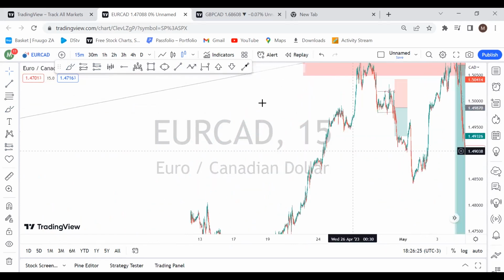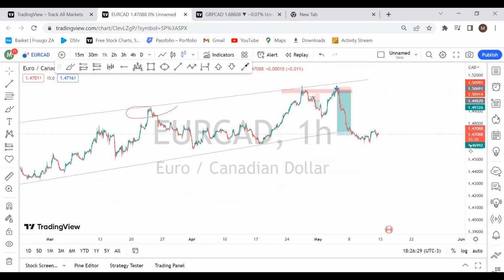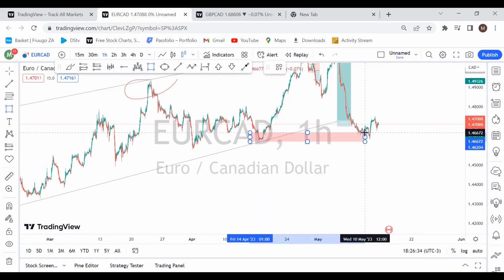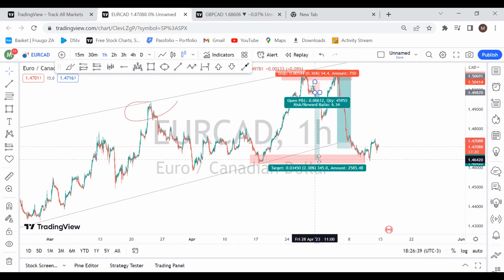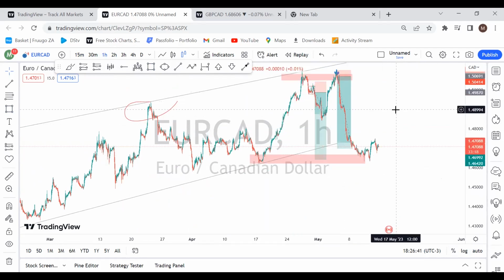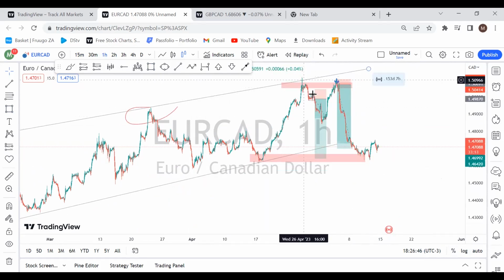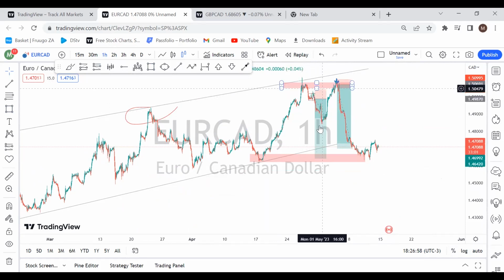You entered right there. Let's say you set your target to be at this point right here. So you would have something like that. And this is before all of this happened, right? So you're taking this as the third touch, which it is, and a clear flag right there with the one, two, three touch scenario to the downside.